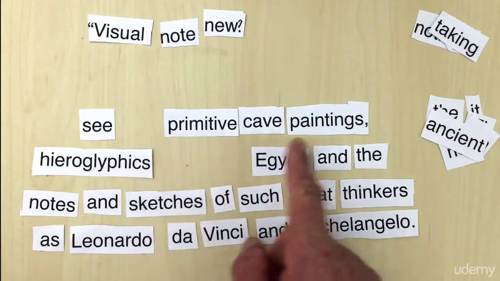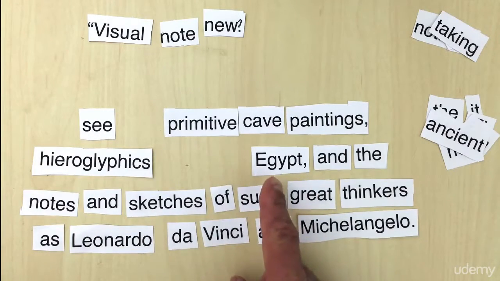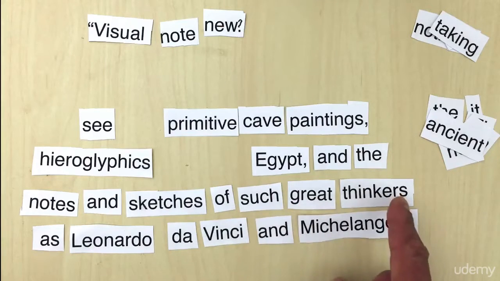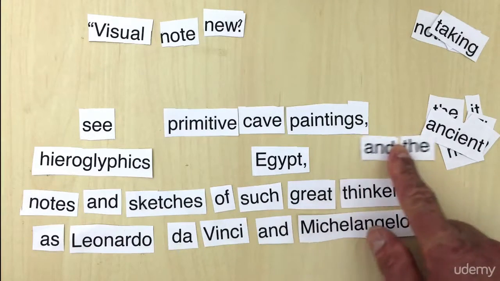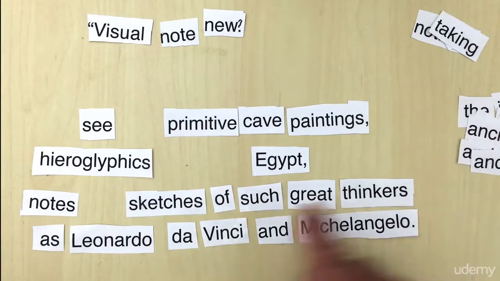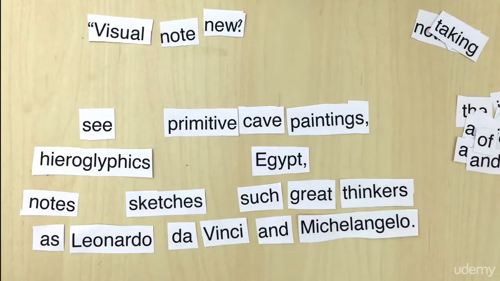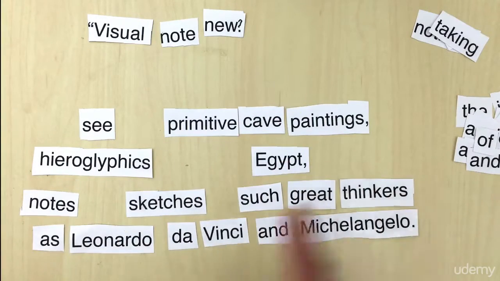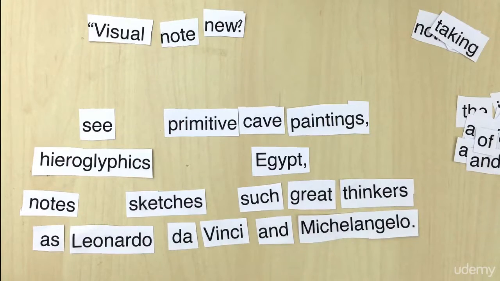So, see primitive cave paintings, hieroglyphs, Egypt, and the notes and sketches of such great thinkers. I don't need "and the." I'll lose them. Notes and sketches. Well, get rid of "and the of." What are we at? 1, 2, 3, up to 17. Oh, quite close.